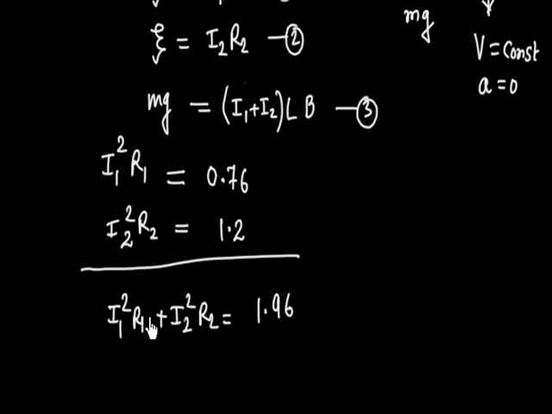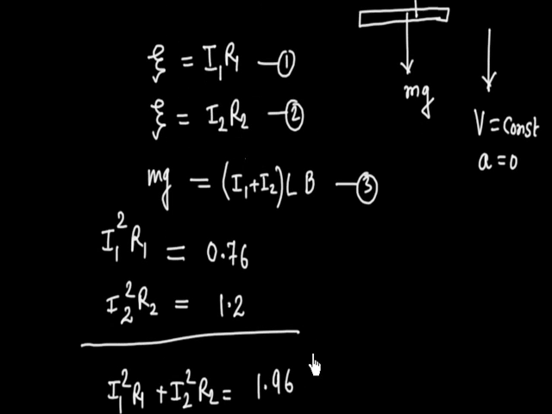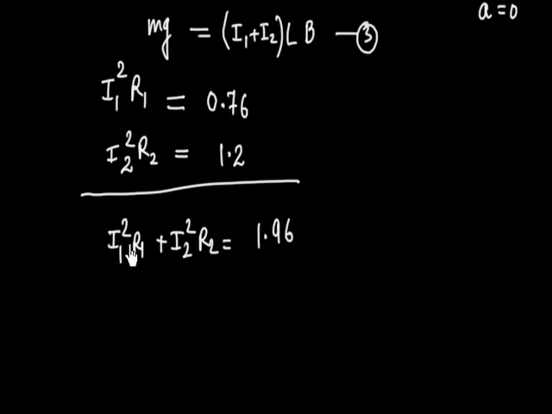Now if I multiply this equation by I1 and this equation by I2, then I1 square into R1 is nothing but Xi times I1, and I2 square into R2 is Xi times I2. And this sum is 1.96.